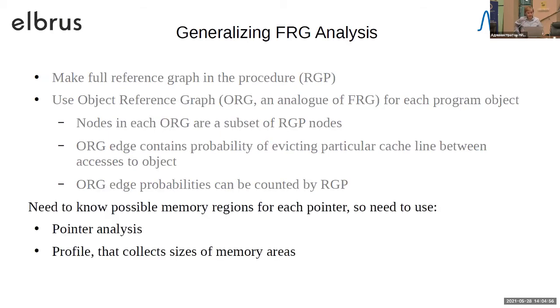To count these probabilities, we need to know possible memory regions for each pointer. So we need to use pointer analysis and some special profile that collects sizes of memory areas. We can estimate them statically, but it will not be good. It will decrease the accuracy.